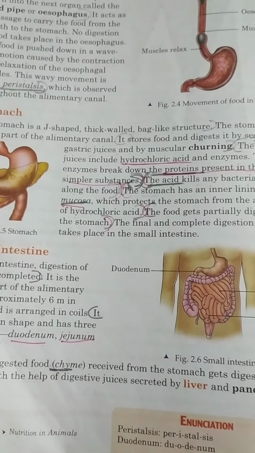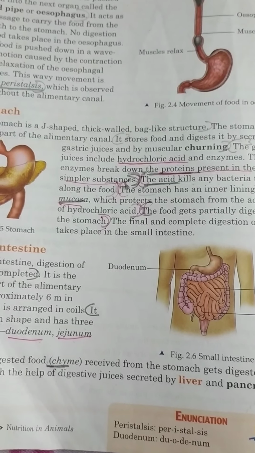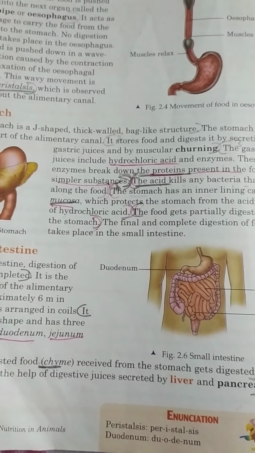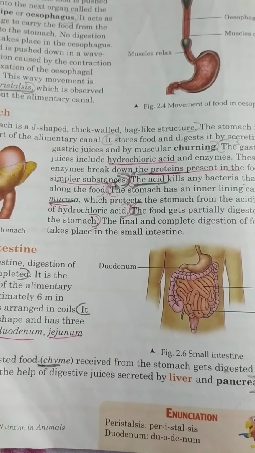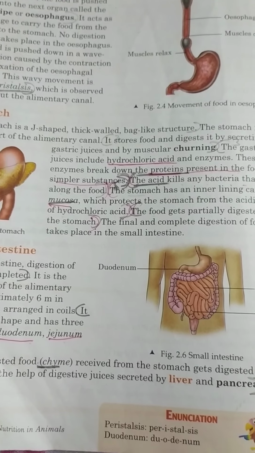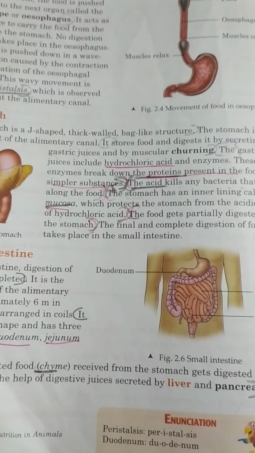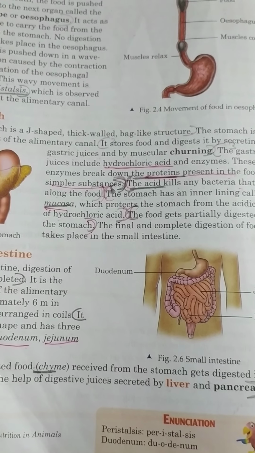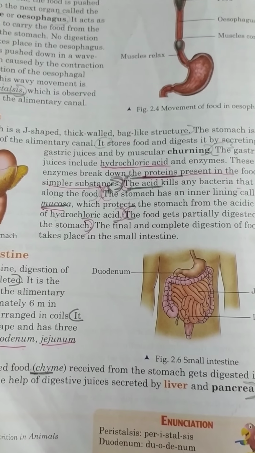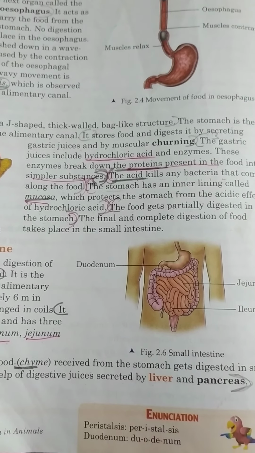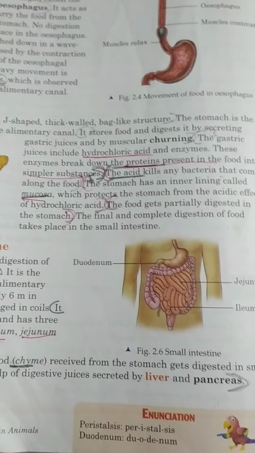The mixing of the food in the stomach takes place with the help of many gastric juices. So the main 3 parts in the stomach are mucosa, HCl, and the digestive juices.